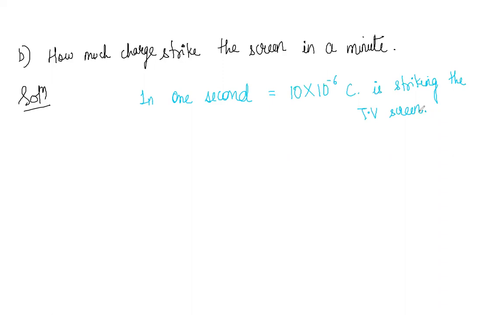Now I will calculate the charge that will strike in 1 minute. So I will multiply 10 to the power minus 6 into 60, because 1 minute contains 60 seconds.